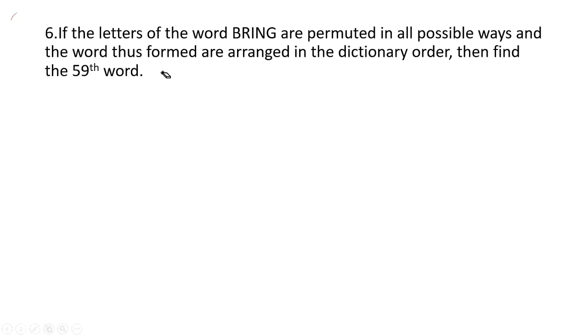Okay, so first let us write down the given letters. So the given letters are BRING. The first thing that you have to do is write the letters in dictionary order.